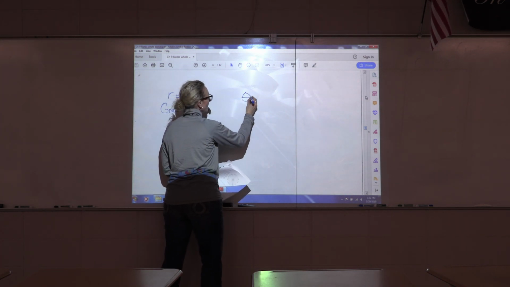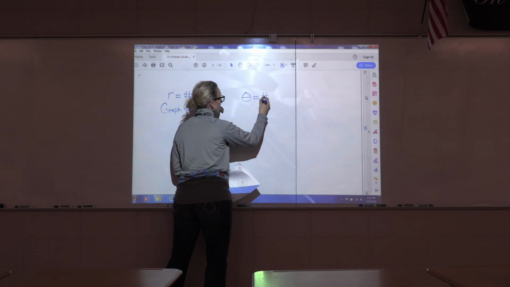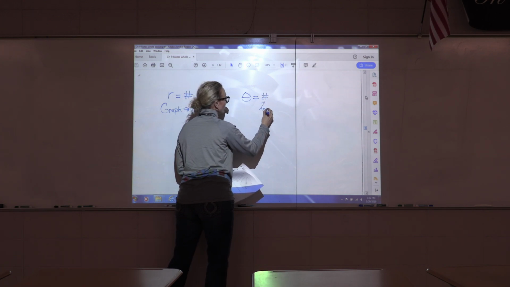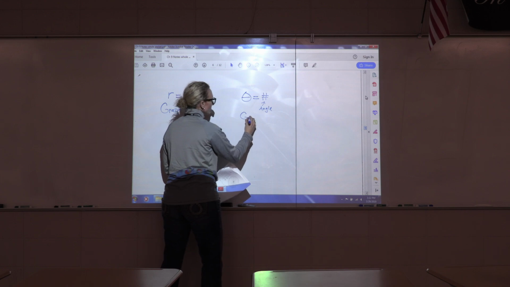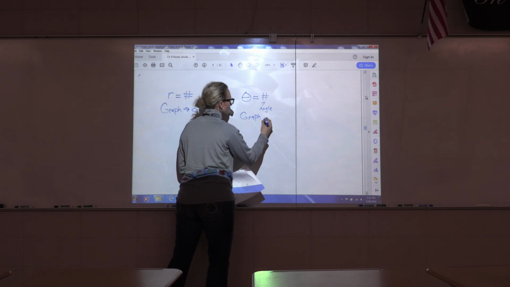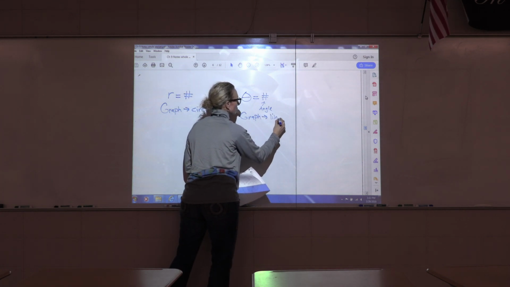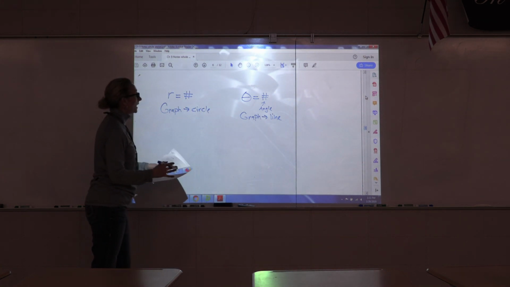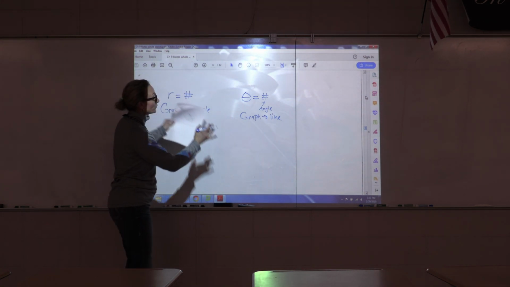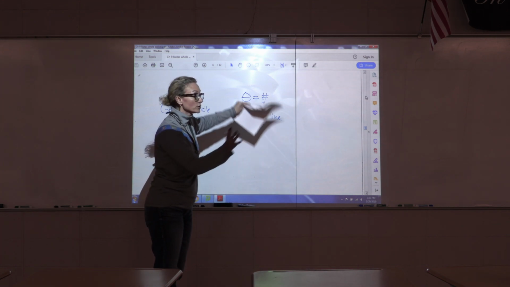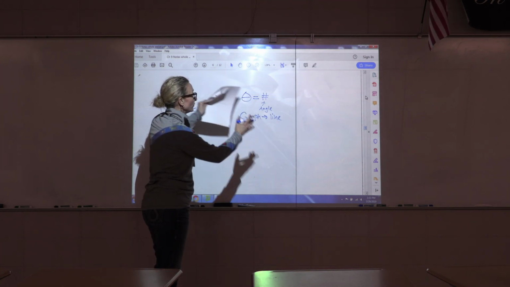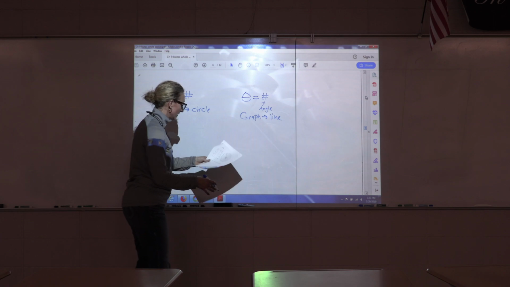If you have theta equals a number, remember that number represents an angle, that graph is going to be the graph of a line. Both directions, like a whole line, not just half the line, the whole line. Because remember, you can have a negative radius and a positive radius.